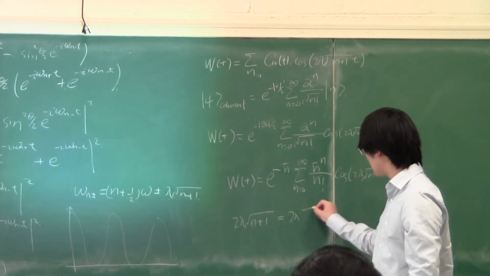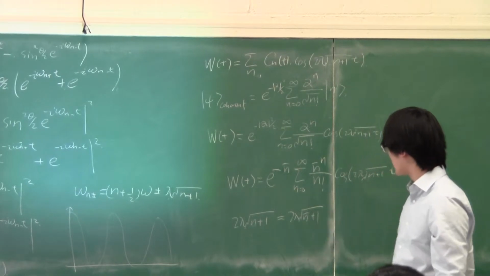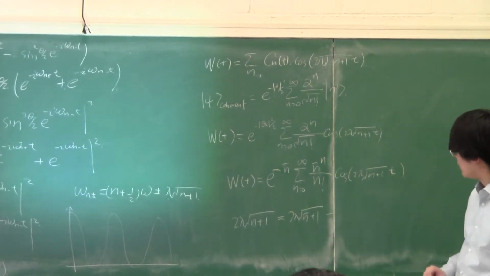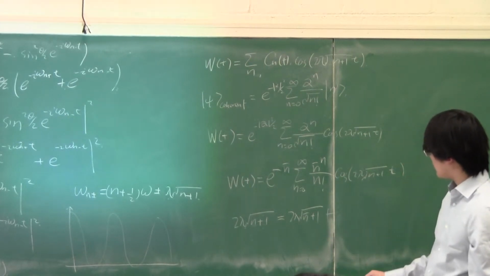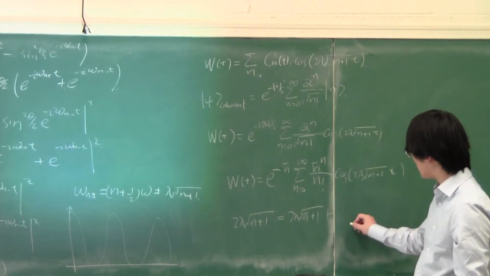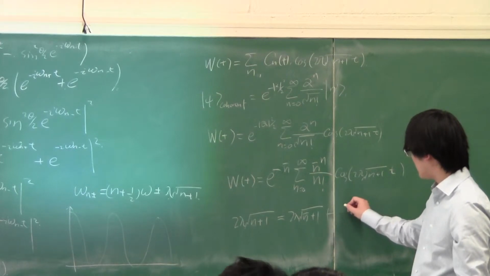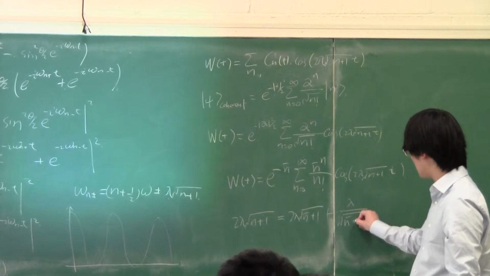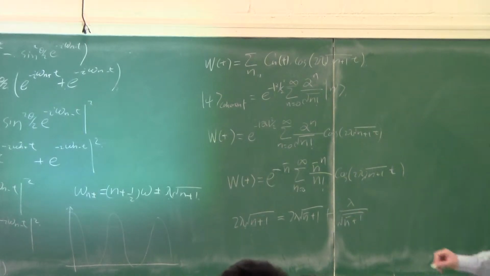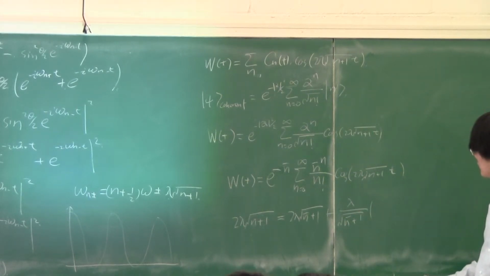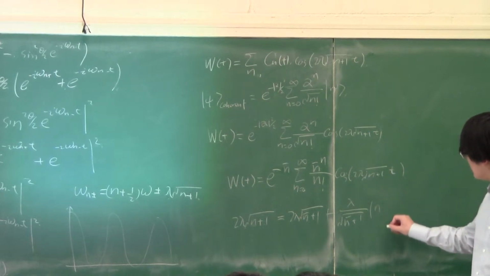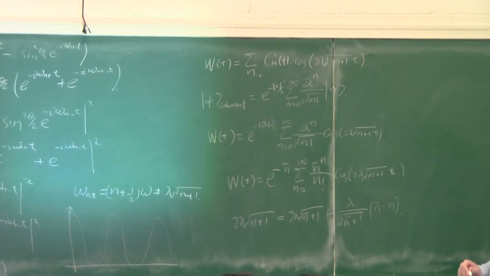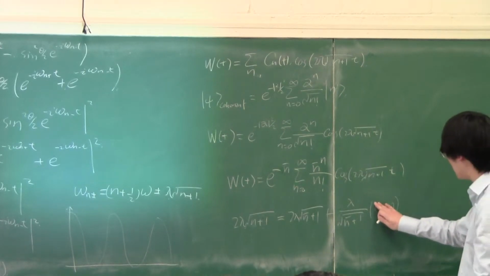You plug in n bar, and then to first order you get a plus sign, and you take the derivative, it turns into something like lambda over square root of n bar plus 1, times n minus n bar. Something like this. Oh, no, it should be n minus n bar.